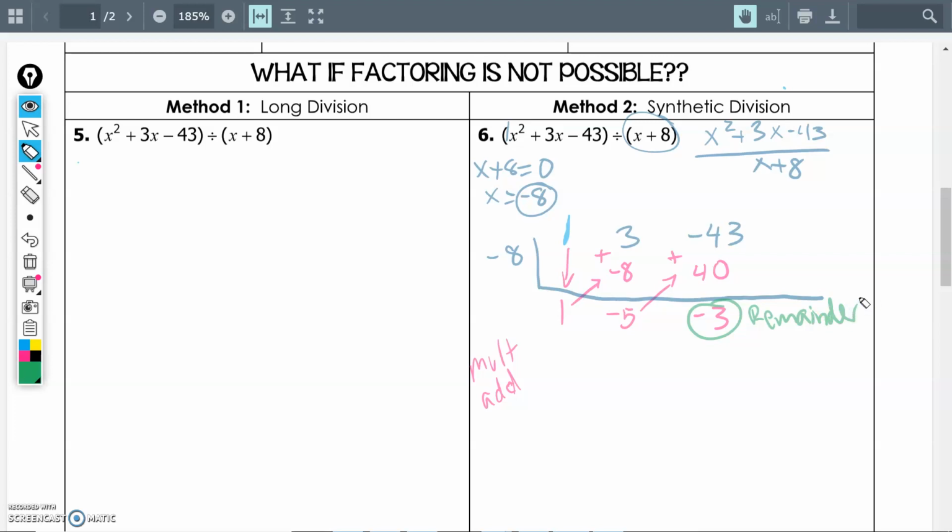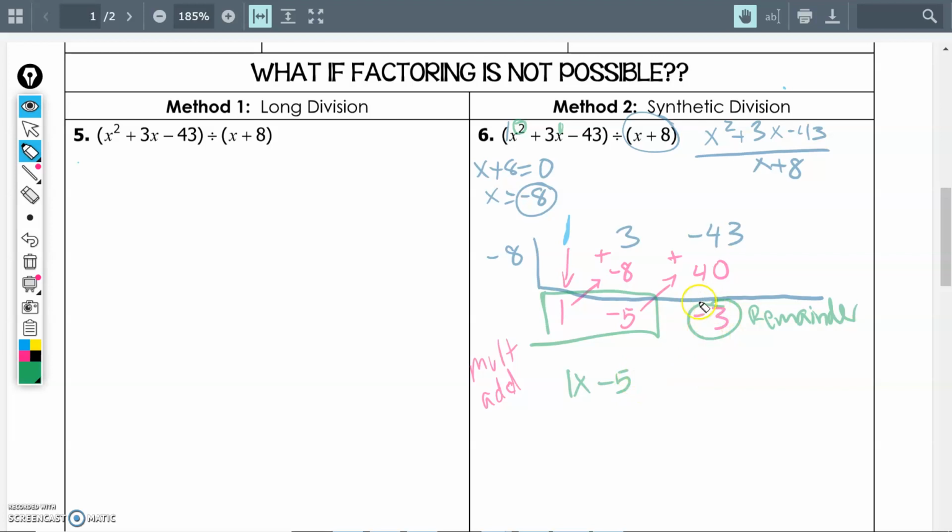Here's how you write your final answer after you divide. You take the first number you had down here and you put 1 less degree than what you started with. So we started with a 2, so now we're going to have x, and then we have a minus 5, which is now your constant. So instead of a squared exponent, then x, then constant, it's just going to be linear, then constant.